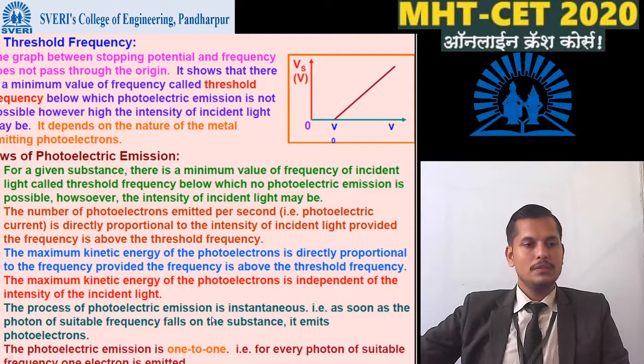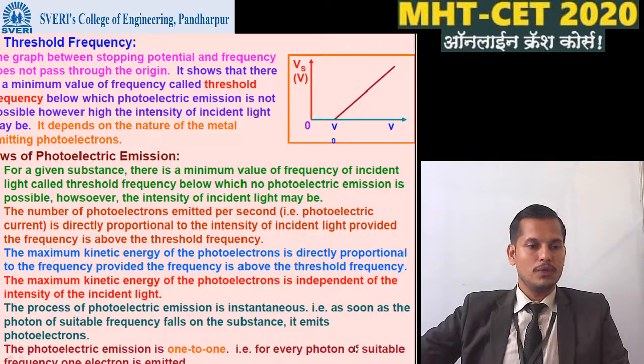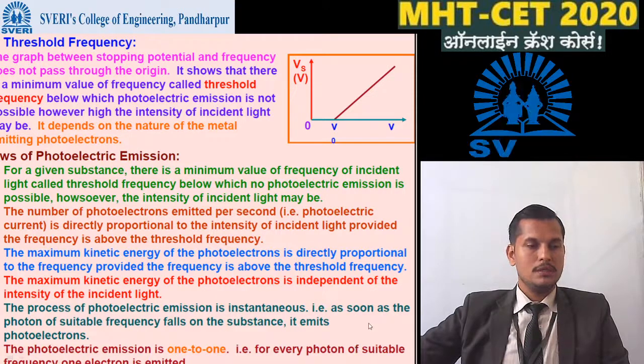Fifth one is the process of photoelectric emission is instantaneous. That is, as soon as the photon of suitable frequency falls on the substance, it emits photoelectrons. And the last one, the photoelectric emission is 1:1, that is, for every photon of suitable frequency, 1 electron is emitted.